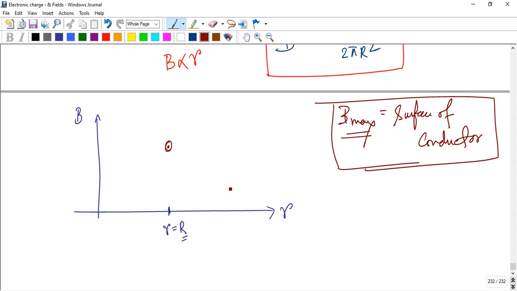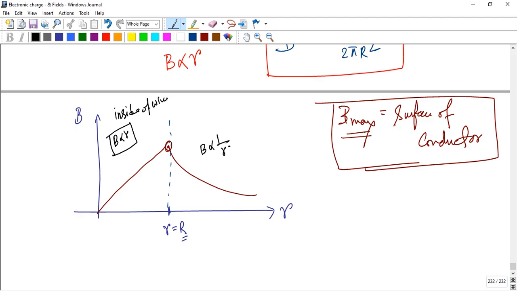Outside the conductor they are inversely proportional, so the graph looks like this, and inside the conductor there is a straight line. So B is directly proportional to r inside the conductor, and B is proportional to 1 over r outside the conductor.